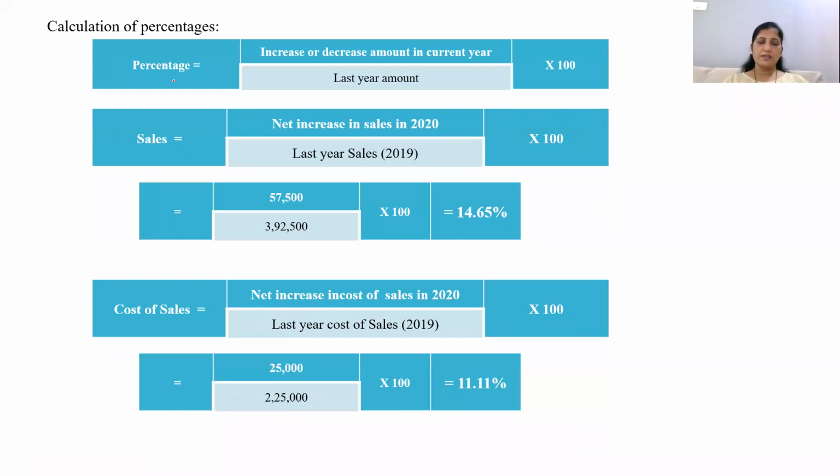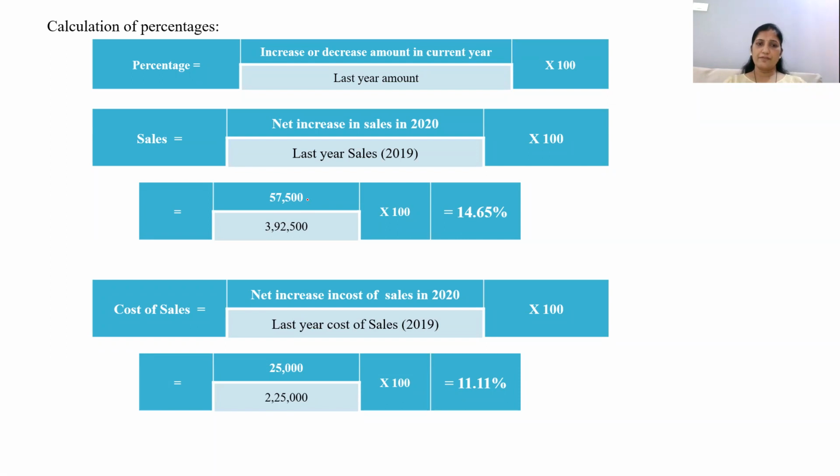Calculation of percentages. This I told you while explaining the theory. Percentage is equal to the increase or decrease in amount in the current year divided by last year's amount, into 100. So for sales, it is the net increase in sales in 2020 divided by last year's sales, 2019, into 100. You check in your book, the net increase in sales in 2020 is 57,500.